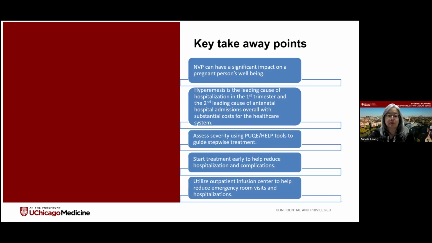It's important to objectively assess the severity of hyperemesis or nausea and vomiting in pregnancy using our PUQE or HELP tools to help guide our treatment. Start treatment early to try to reduce hospitalizations and complications. And then we can really utilize our outpatient infusion centers to help keep people out of the emergency room or the hospital.